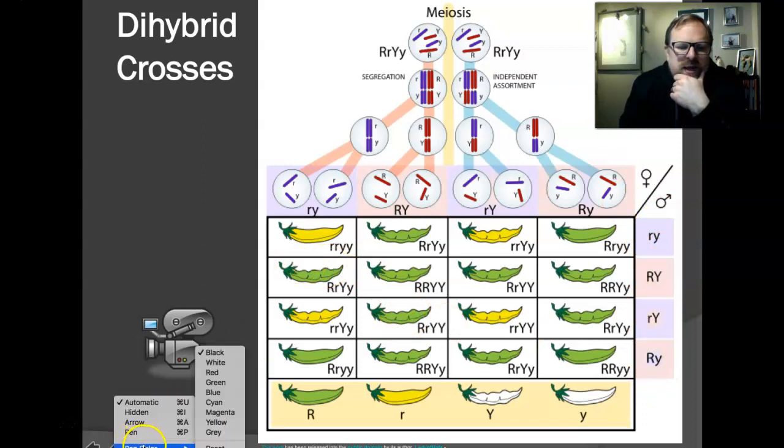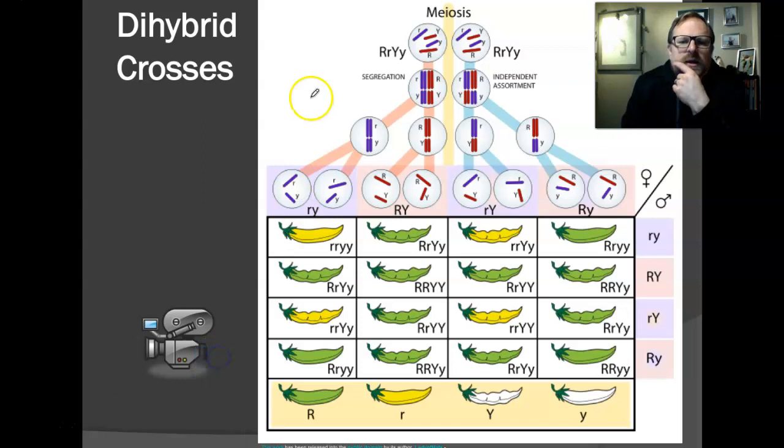Just to add something to this then, if we had an individual who had this genotype, let's look at that. Okay, so that's a big Y and a little y. This individual can only produce 2 possible gametes, right? They could produce a gamete that is big R, big Y, or they could produce a gamete that is big R, little y.